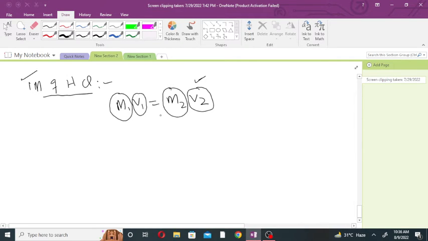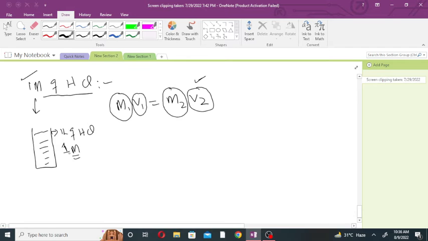So suppose we are going to prepare 1 molar HCl solution, and suppose we are going to prepare 1 liter of HCl solution whose molarity is 1 molar.